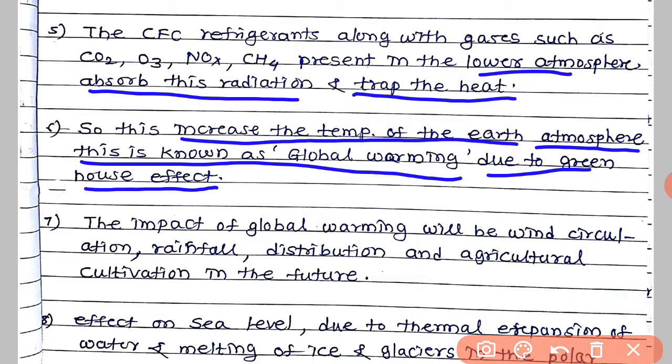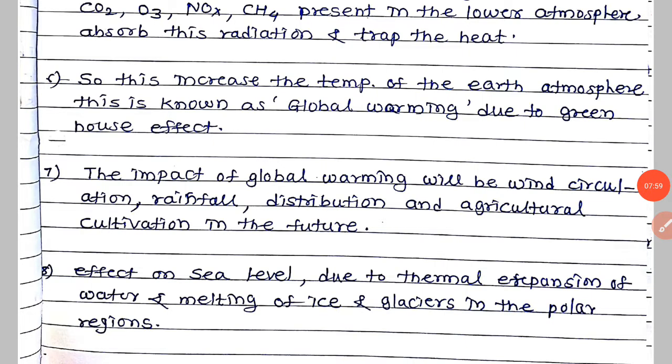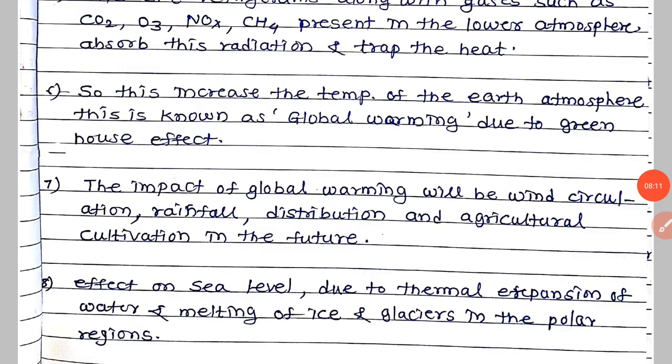The impact of global warming will be on wind circulation, rainfall distribution and agricultural cultivation in the future. There are also some effects on sea level due to thermal expansion of water, and melting of ice takes place in glaciers in the polar regions. This is all about ozone layer depletion and global warming.